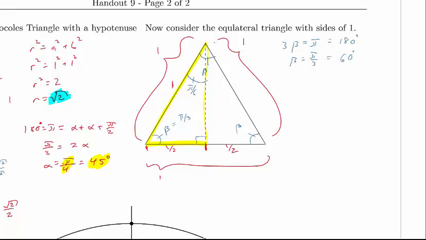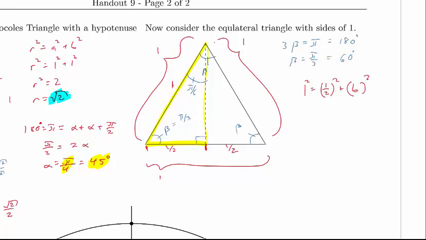Now what about this side right here? We haven't addressed that. We're going to use the Pythagorean theorem. We've got our hypotenuse squared equals 1/2 squared plus whatever this side here is. Let's call it little b squared. Now all we have to do is solve.